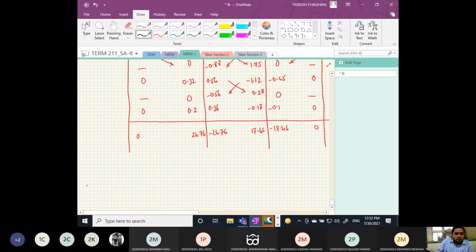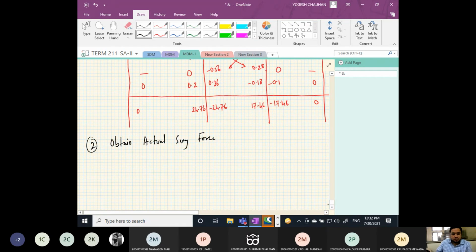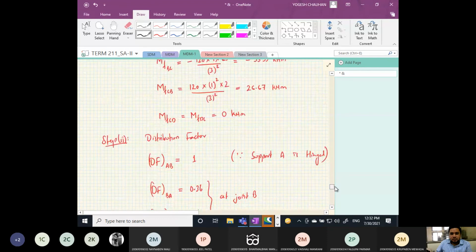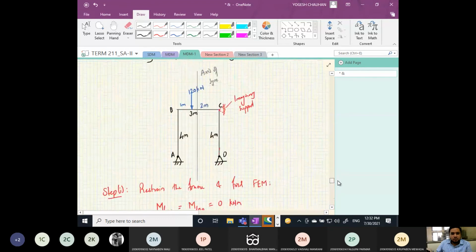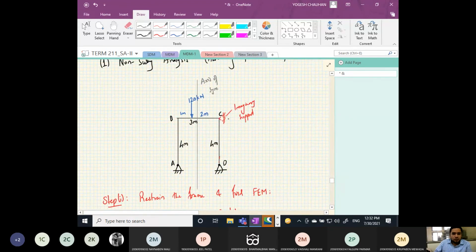Next, the second step is to obtain the actual sway force. For that, the reactions at the columns can give you the sway force.